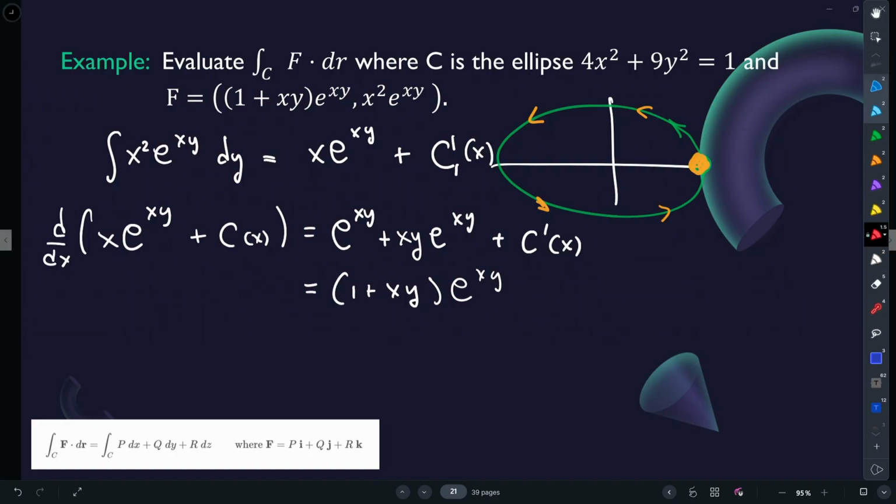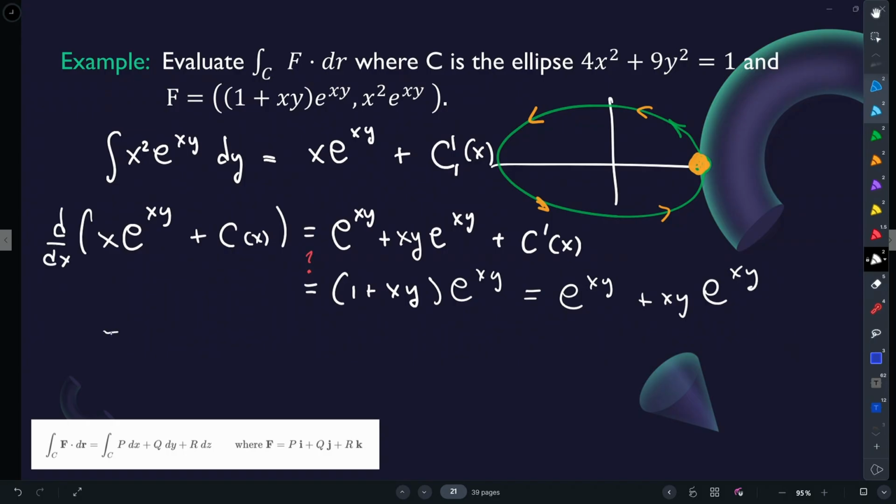So these two things have to be equal, this one being the first coordinate of my vector field. This one, if I expand it, is e to the xy plus xy e to the xy, which is what I have here. So if I set this to 0, then I win.